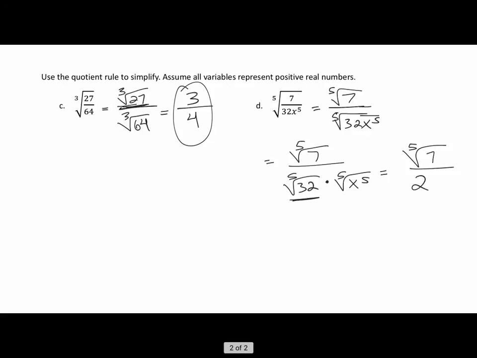And the 5th root of x to the 5th, that's like the nth root of a to the n, right? So it cancels the radical and the exponent at the same time, and it leaves just the x, the base there. And I don't need an absolute value because it's odd and because this represents all positive real numbers, so not worried about that at all. And that would be my simplified expression.